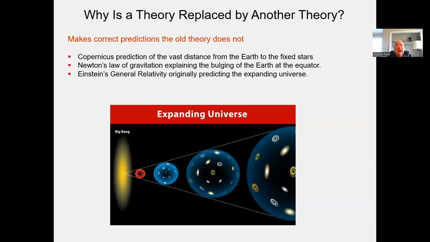So if Einstein had trusted his math at first, he would have predicted, 10 years before the verification, that in fact the universe was expanding, but he did not. And so he called it the greatest blunder of his scientific career, for not holding to the math that he first derived. So here are some simple reasons, not very profound, of why we have changes from one theory to another.